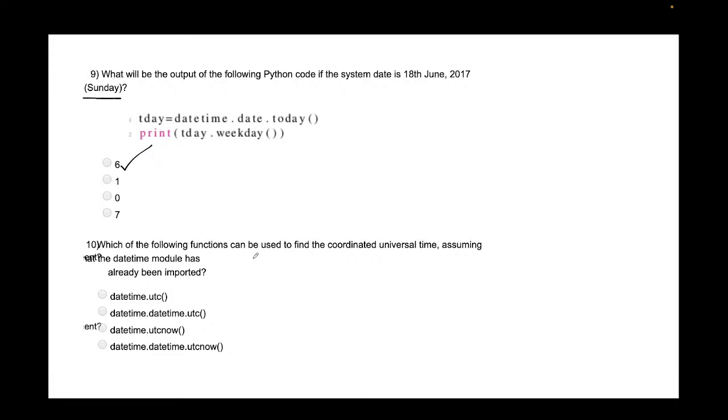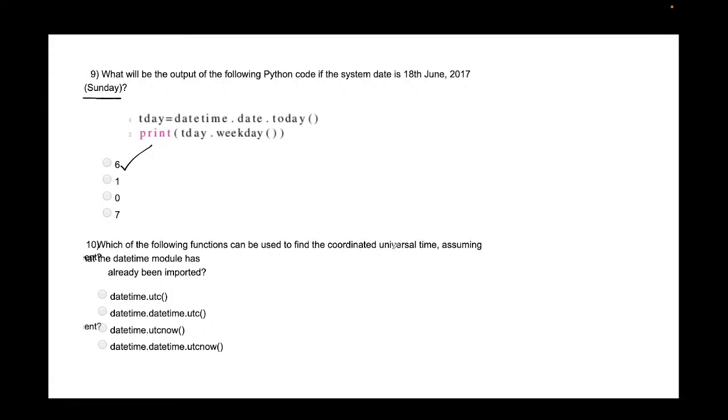Now, which of the following functions can be used to find the coordinated universal time, assuming that the datetime module has already been imported. So this is also a matter of syntax. Coordinated universal time is the Greenwich Mean Time.